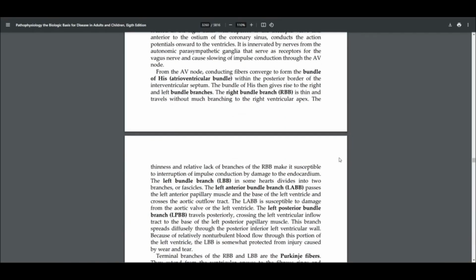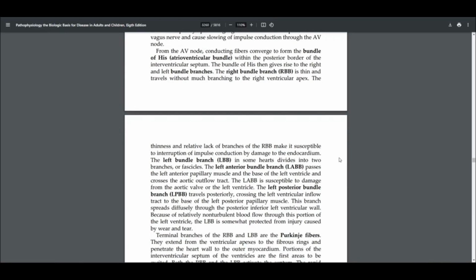From the AV node, conducting fibers converge to form the bundle of His, or atrioventricular bundle, within the posterior border of the interventricular septum. The bundle of His then gives rise to the right and left bundle branches. The right bundle branch, or RBB, is thin and travels without much branching to the right ventricular apex.